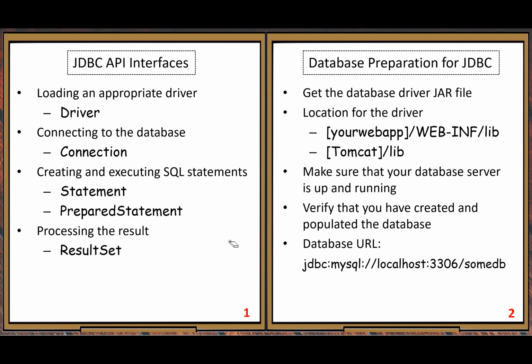The specific URL: this part is fixed, jdbc:mysql://localhost:3306, where 3306 is the MySQL port number. You always use this number, you never change it. Then the last part, / and your database name.